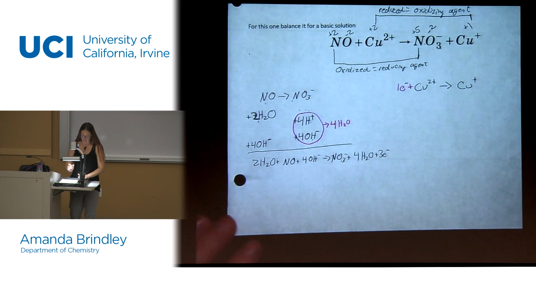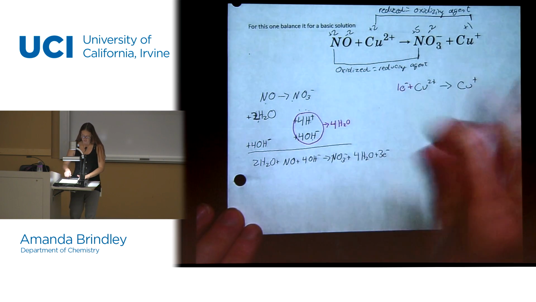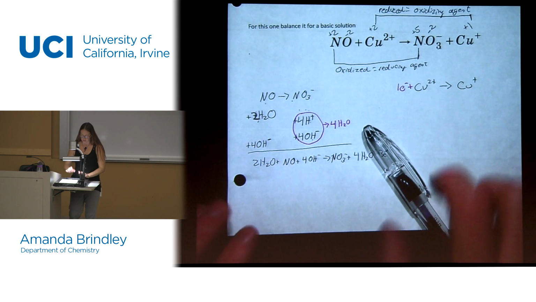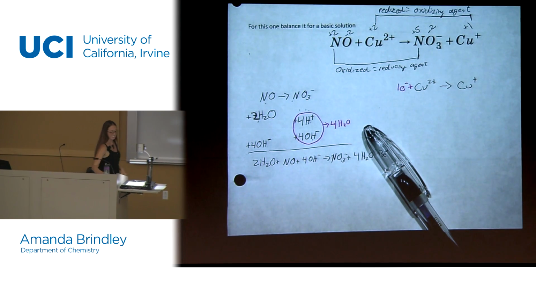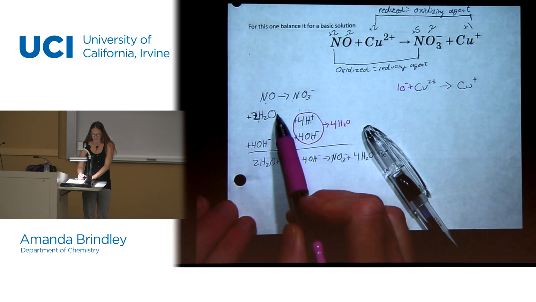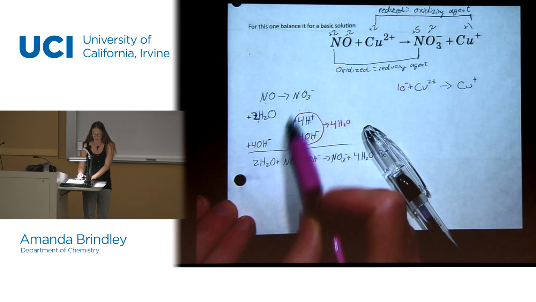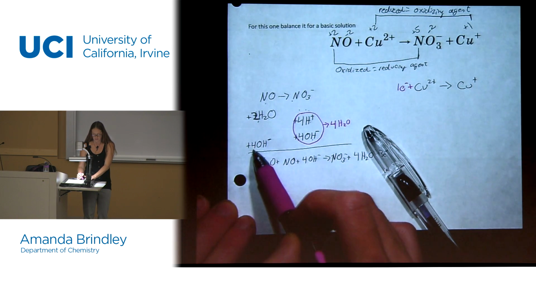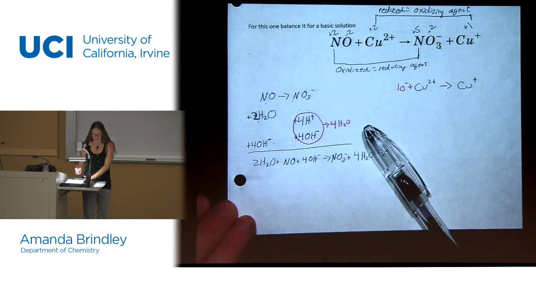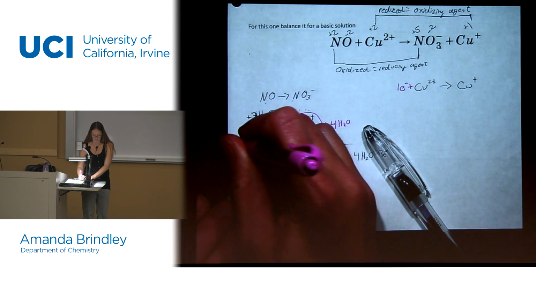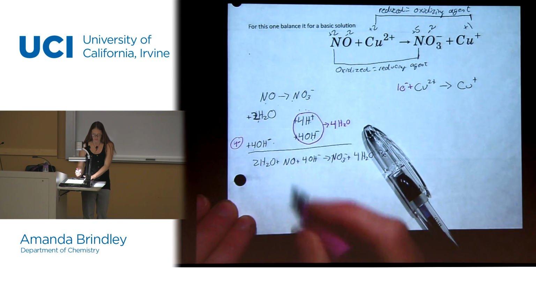Oh, I forgot one step in here. No one sees that. All right, now we do charges. On this side, what is my total charge between all of this? I have 0 here, 0 here, and 4 minus over here.